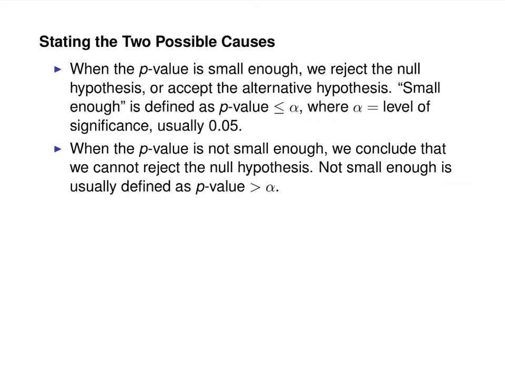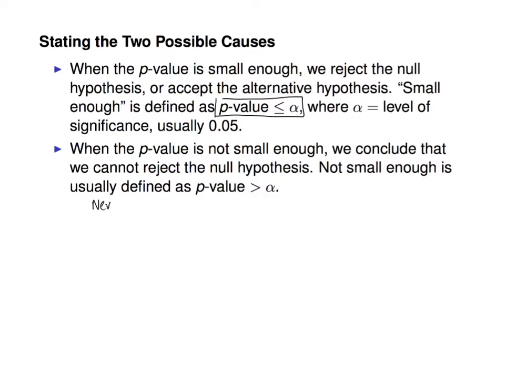So when the p-value is small enough, we reject the null hypothesis or accept the alternative. Small enough is defined as p-value less than or equal to some alpha, and it's usually 0.05. And when the p-value is not small enough, you conclude that you cannot reject the null hypothesis. Not small enough is defined as p-value bigger than that alpha.